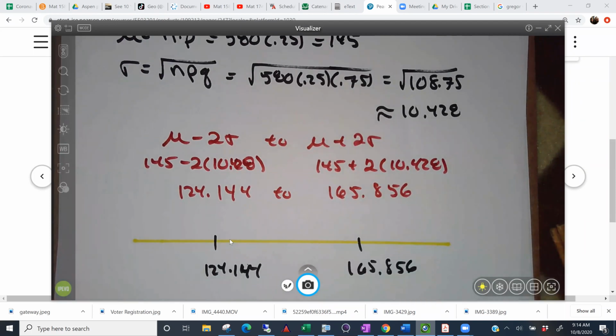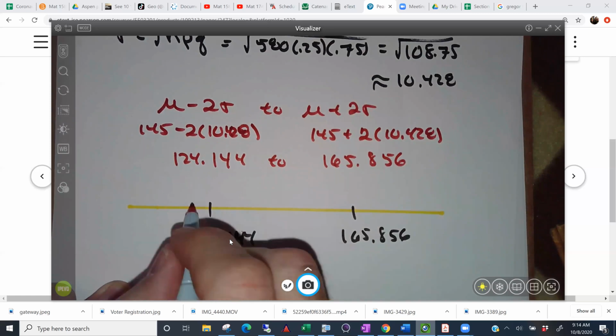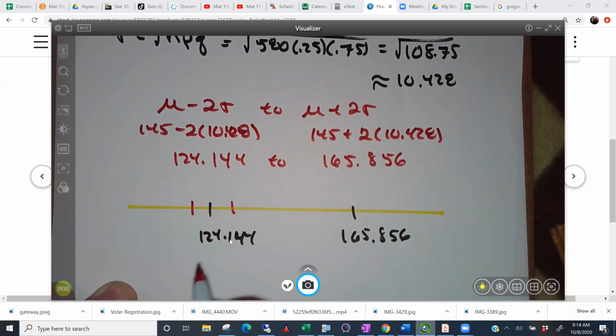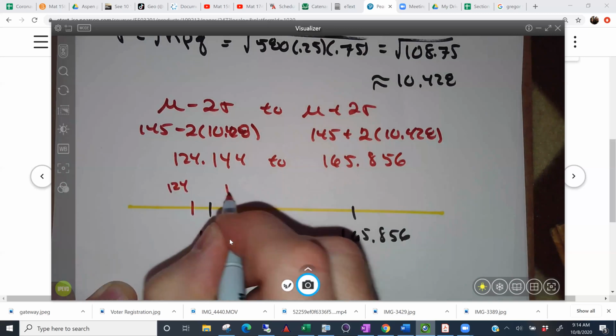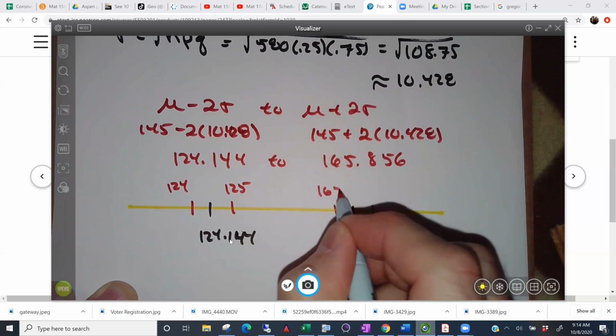Now, when you're looking at the number of yellow peas in the offspring, can you get 124.144? Is that a possibility in terms of results you can get from this binomial random variable? No. Thank you. So, Joseph, what are some values near this that I can get? You can get 124 and 125. Thank you. And some other ones over here would be 165 and 166.